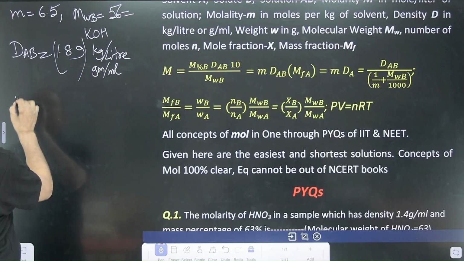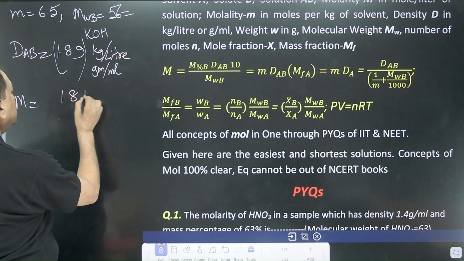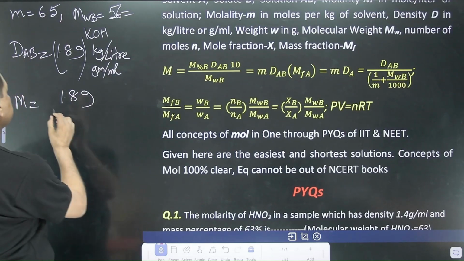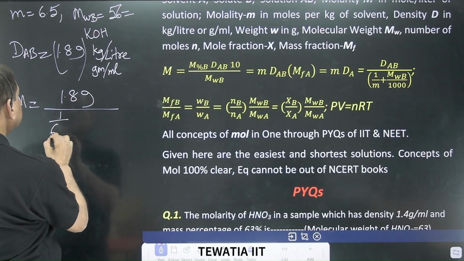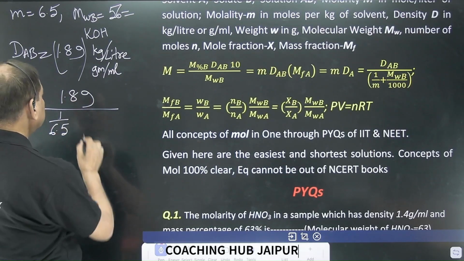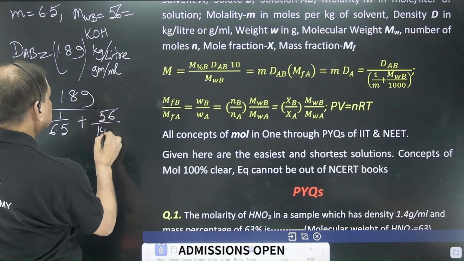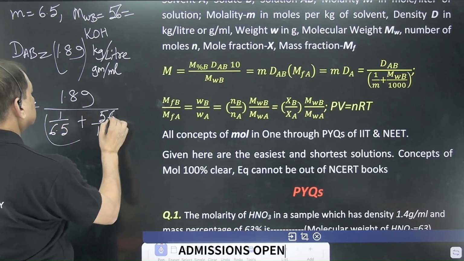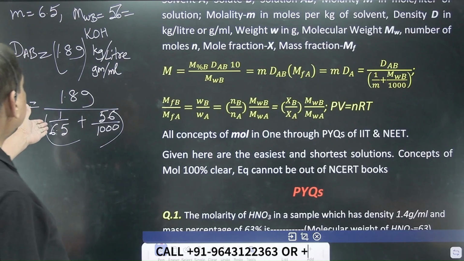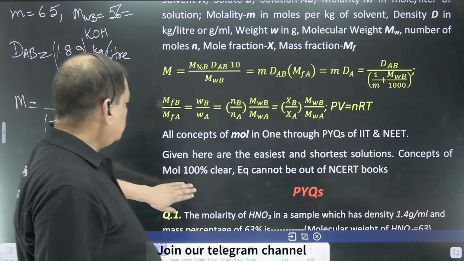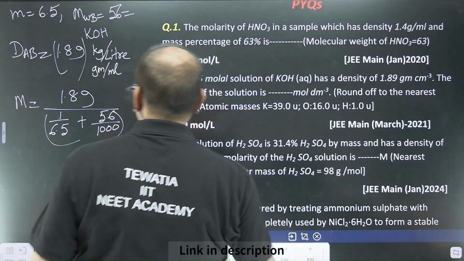So M is equal to 1.89 divided by 1 by 6.5 plus 56 by 1000. So what will it come out to be? It comes out to be 9 mole per liter.